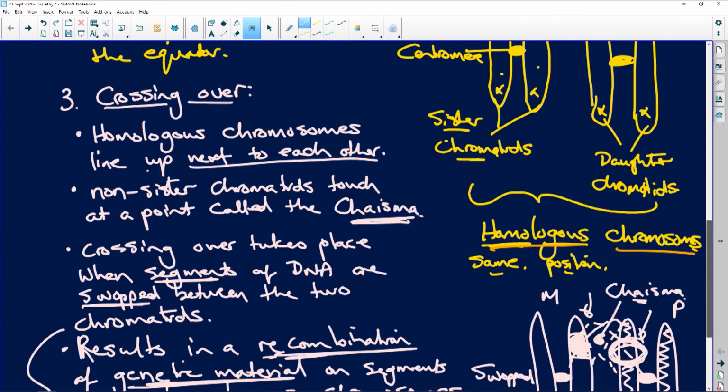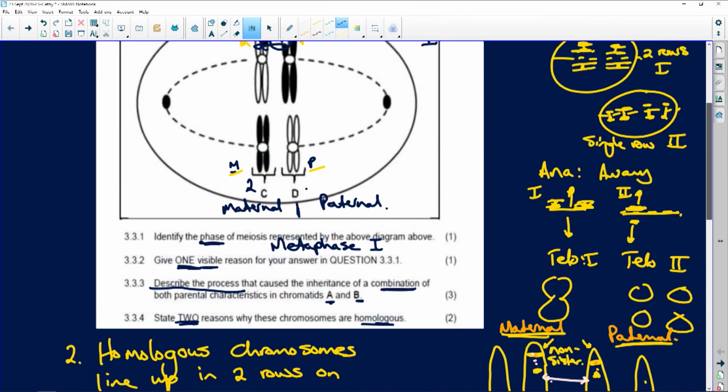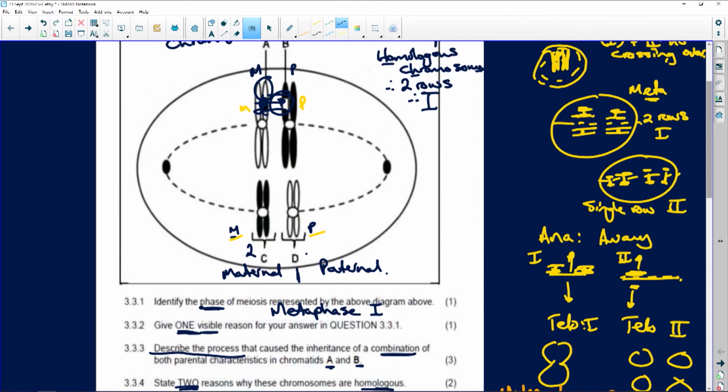All right, now let's go back. I think that was the last part of that question. It says state 2 reasons why these chromosomes are homologous. Okay, now if we look at this, how are they the same? That's what you must look at.